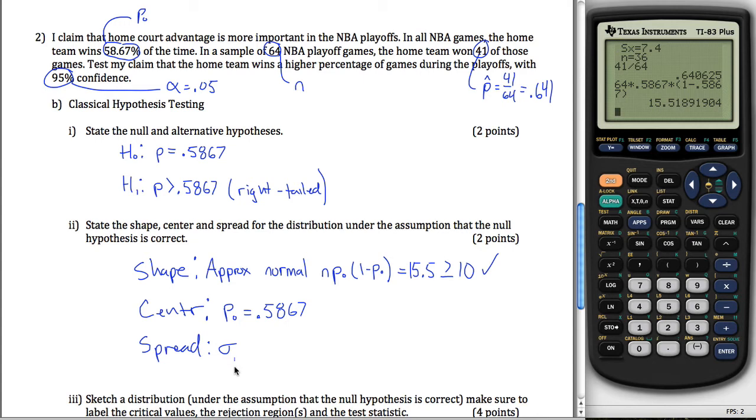And the spread, sigma sub P hat, we've got a formula for that. It's the square root of, it'd be nice to use P, but we don't know P. Fortunately, we're assuming P is equal to P naught, so I can put P naught in the formula here.